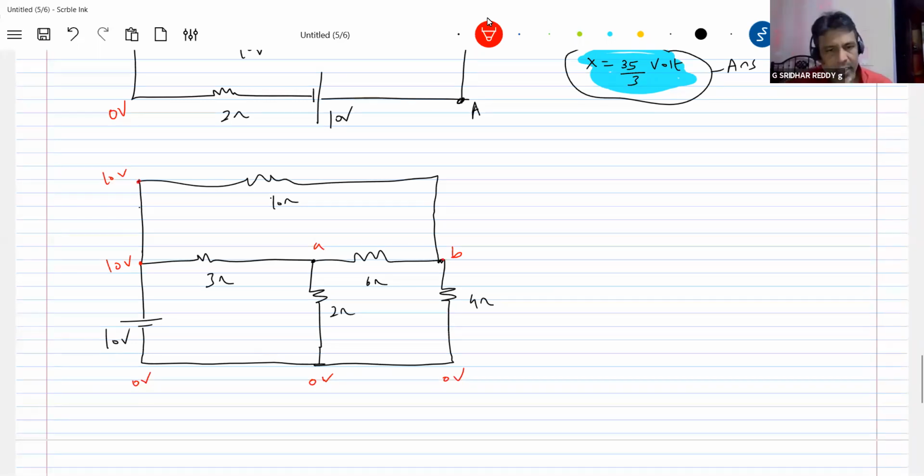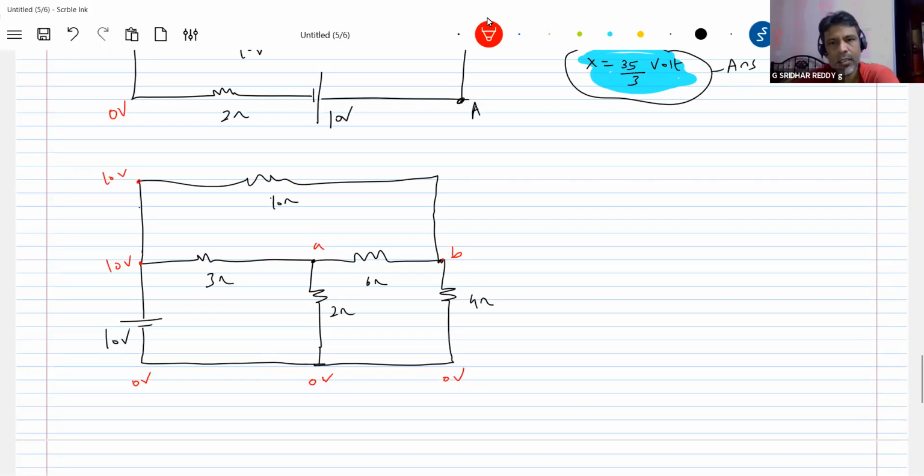So if we can find out the potential at A and B, we can find out the current in all the branches. So definitely two unknowns are there. So we can find out the potential network. Now I brought in a little complication.